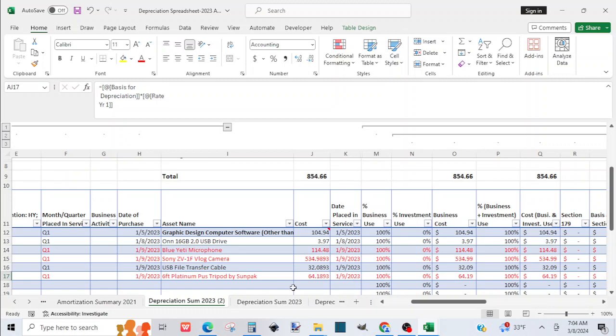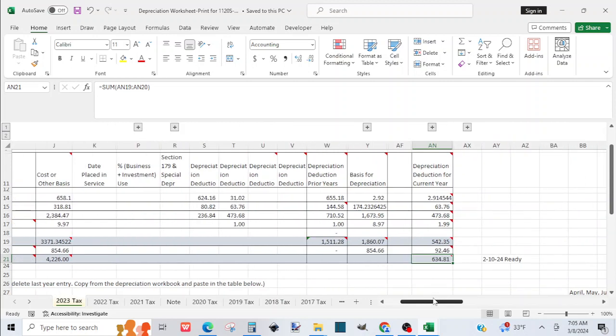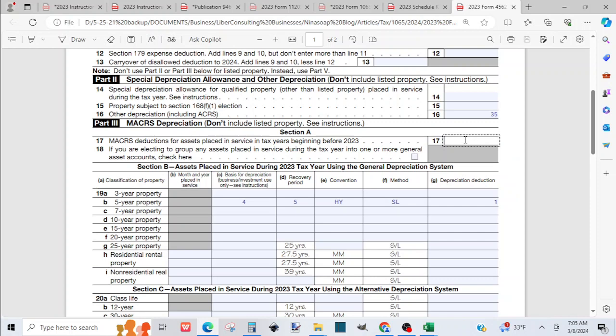So for that, we will go to the prior year. The worksheet tends to work for me better, and then I will work with the number that I have here, and I need to make sure it's placed in service in the prior year. So 542, we'll go back to our things here. We're going to use 542.